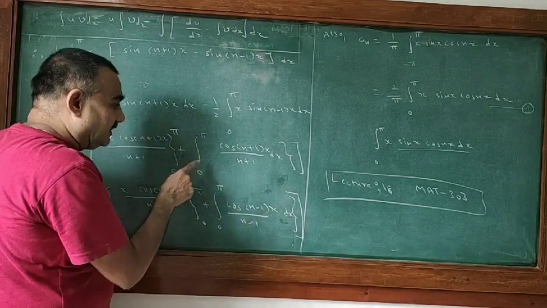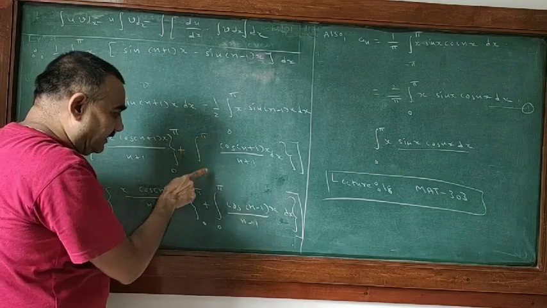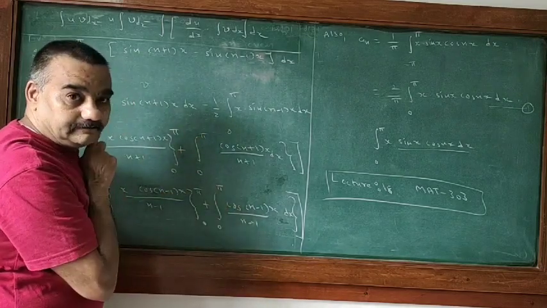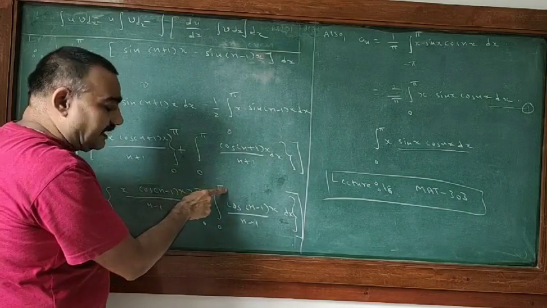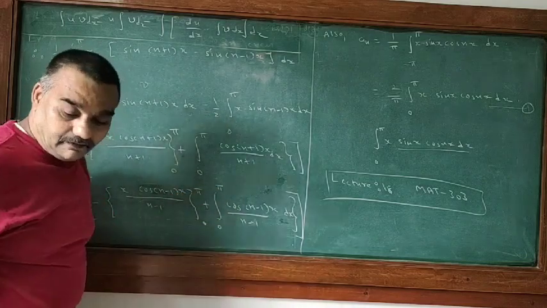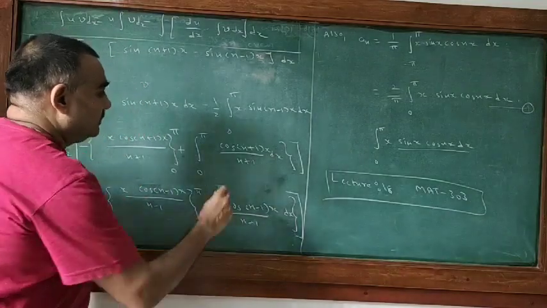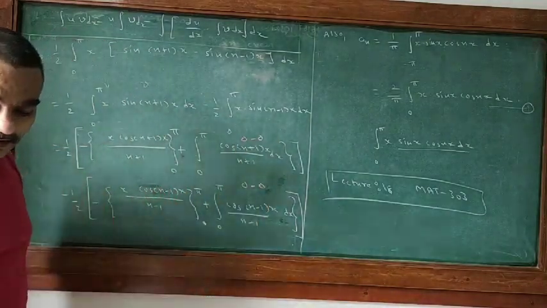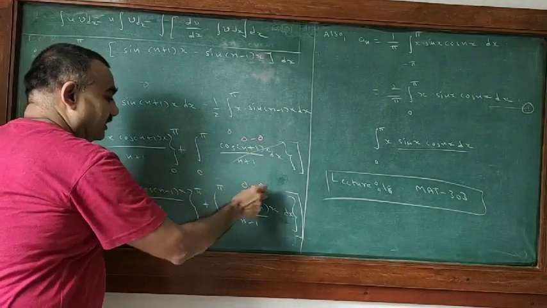For sine, it is 0 at pi and 0 at 0. Again here integration is sine. It is 0 at pi, it is 0 at 0. And therefore this term is not in calculation. So we have to deal with only this part.